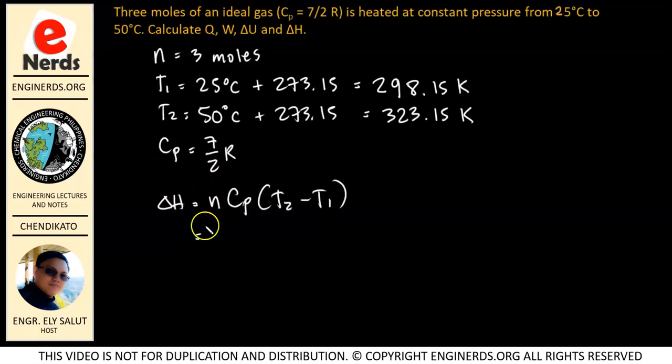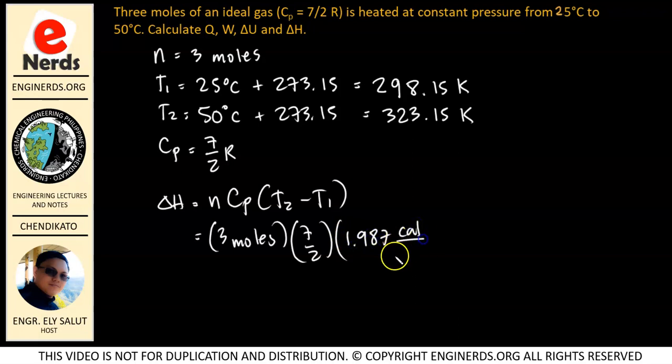Our n is equal to 3 moles. Our Cp is equal to 7/2 of our R, the universal gas constant. Since we are in Kelvin and in moles, we could use 1.987 calories per mole Kelvin.